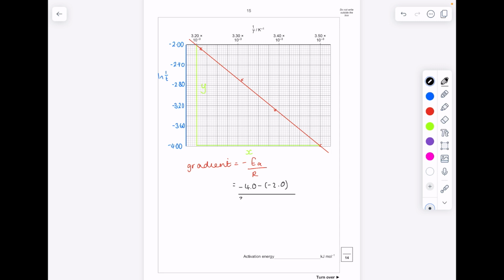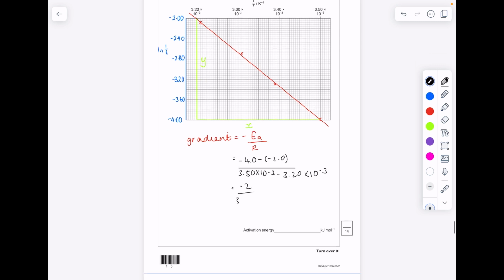So you can see that's 3.50 times 10 to the minus 3 minus 3.20 times 10 to the minus 3 equals minus 2 over 3.0 times 10 to the minus 4, which equals minus 6.667 as your gradient.